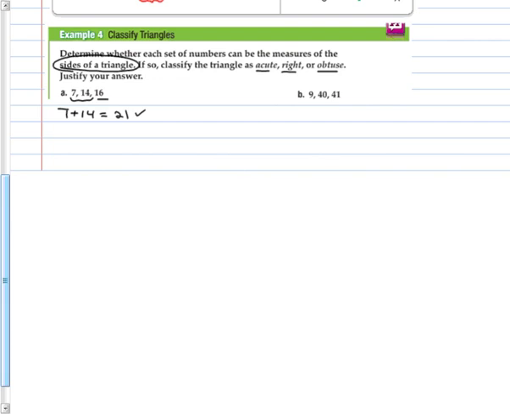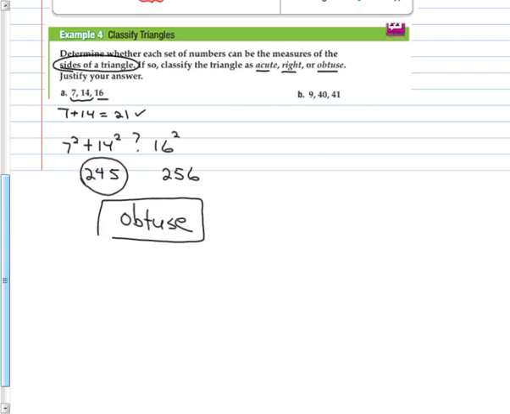So now we test what kind of triangle it is. 7 squared plus 14 squared, we're going to compare it to 16 squared. What do you get? 245. And what is 16 squared? 256. So if these are less, do you remember? It's obtuse. It is an obtuse triangle.